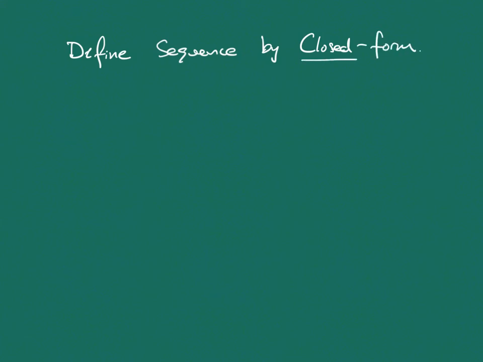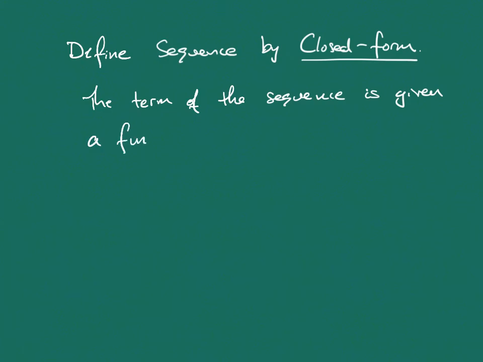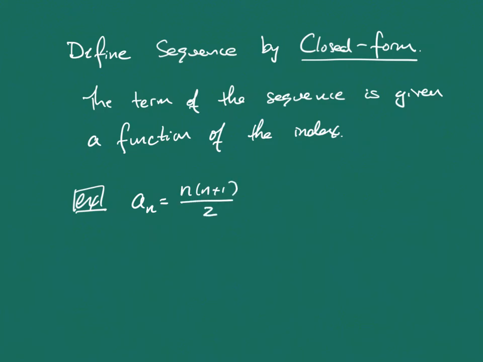The closed form really just means that the term of the sequence is given by a function of the index. So for example, we could have something like a sub n equal to n times n plus 1 over 2. And this will work for n greater than or equal to 1.